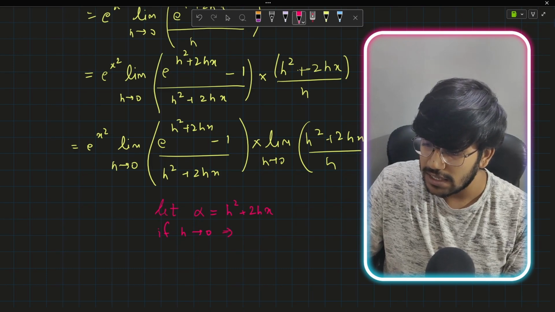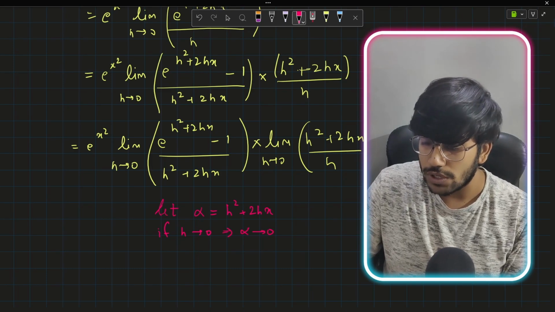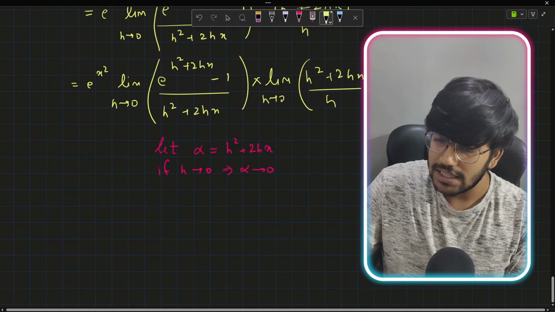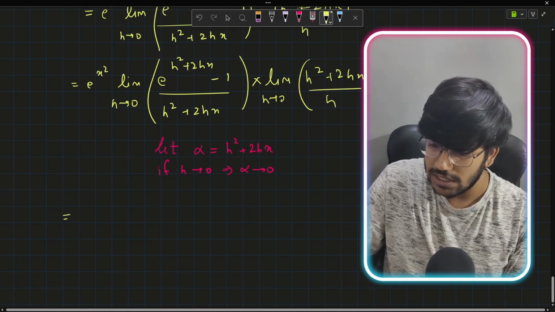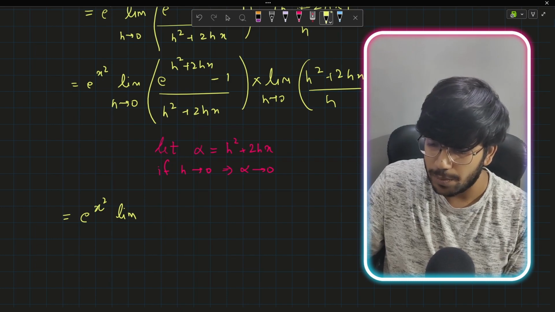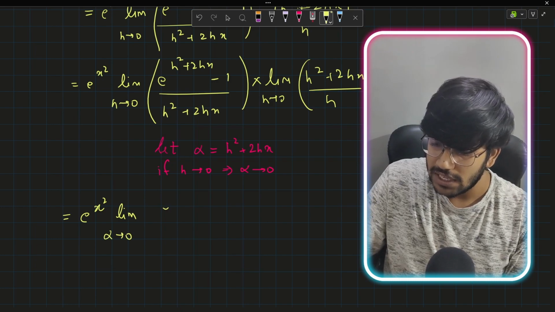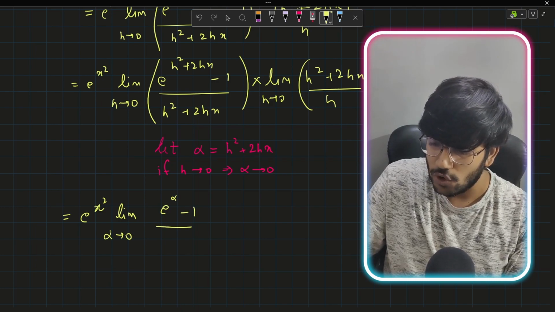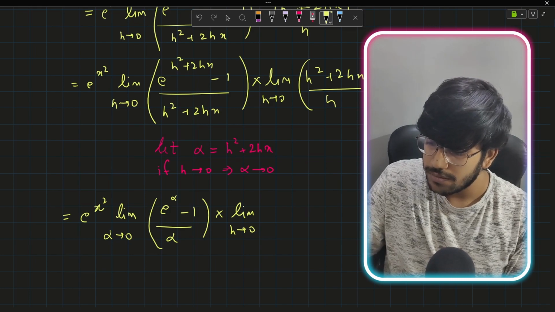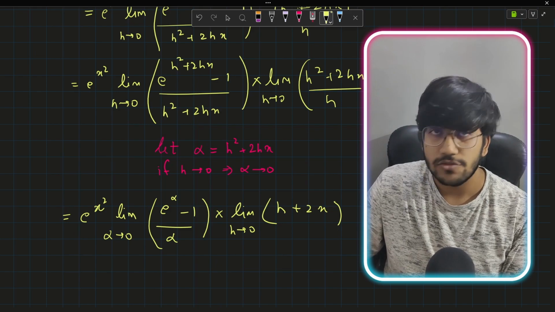This implies alpha also goes to 0. So I can rewrite the above expression as e to the power x squared, limit not h but alpha tends to 0, (e to the power alpha minus 1) over alpha, times limit h tends to 0, h plus 2 times x. Fine.